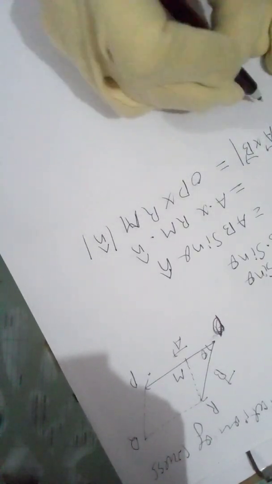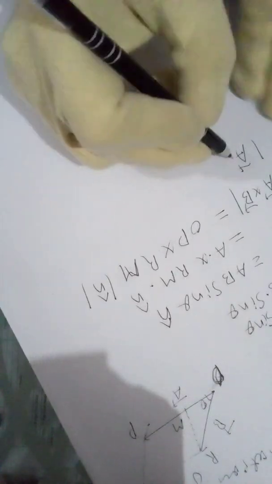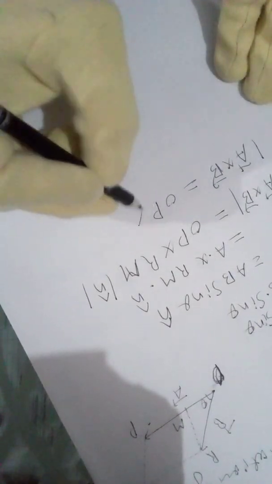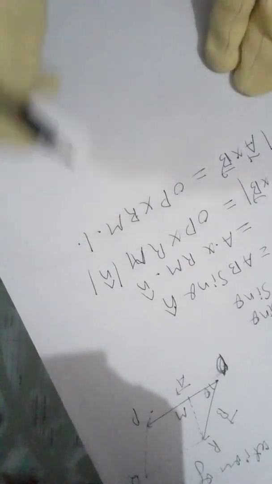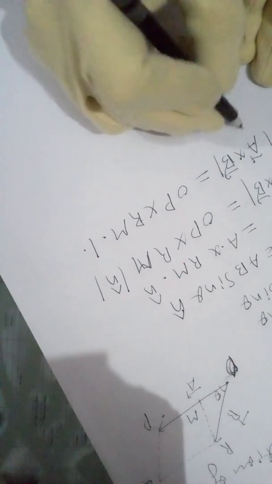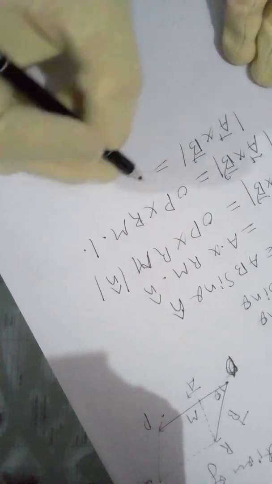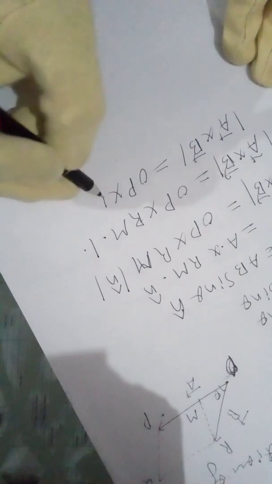Now we take the mod. So mod of A cross B is equal to OP into RM, as the magnitude of the unit vector is 1.